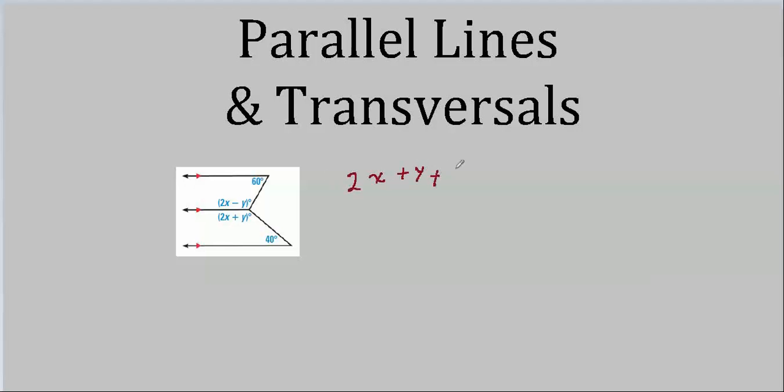plus 60 equals 180. And that gives us x plus y equals 120, or we could write y equals 120 minus 2x, like that.